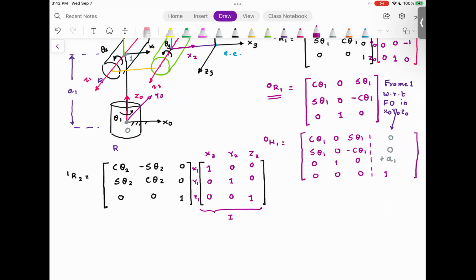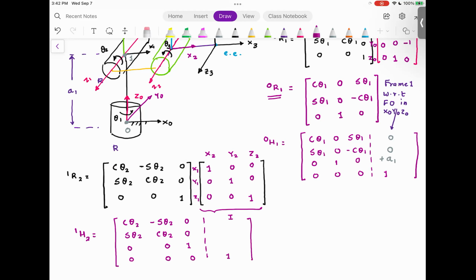Which means I'm ready to go for 0h2. 1h2 is going to look like, since it's the multiplication by identity matrix, cosine theta 2, minus sine theta 2, 0, sine theta 2, cosine theta 2, 0, 0, 0, 1, 0, 0, 0. And then there will be 1 here.